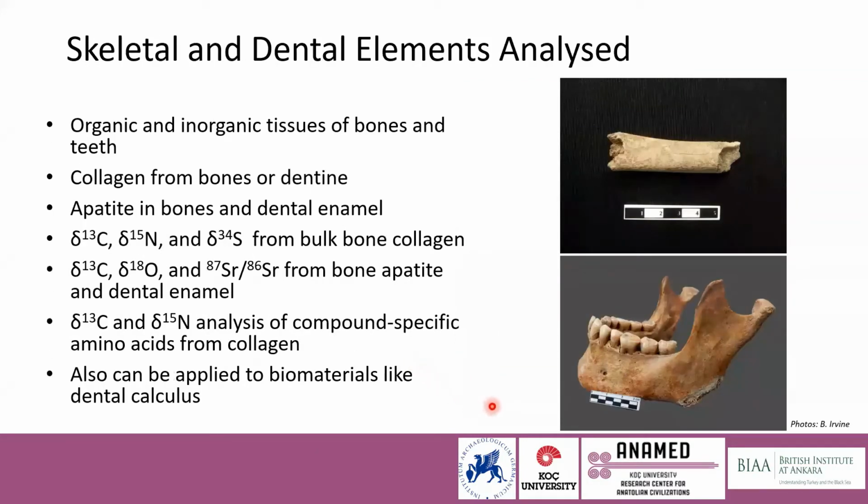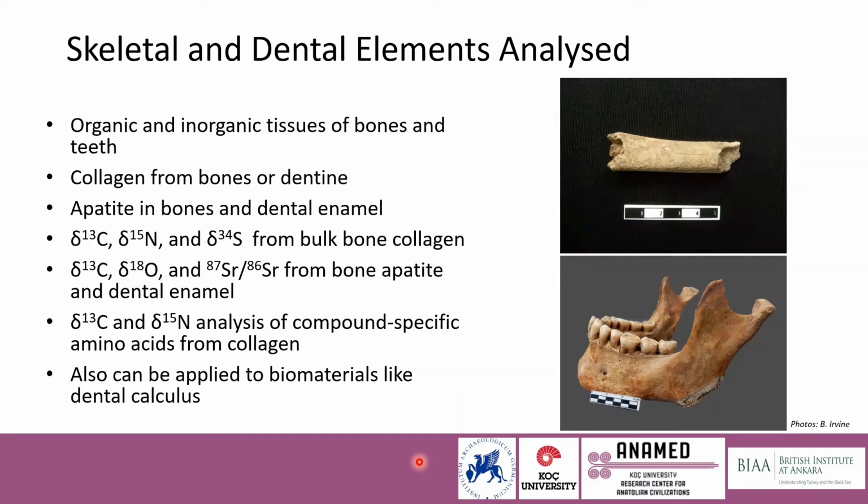So we now move on to sampling and which parts of animals and humans you would examine isotopic ratios in. As I briefly alluded to, you can measure isotopic ratios in the organic and inorganic tissues of bones and teeth.